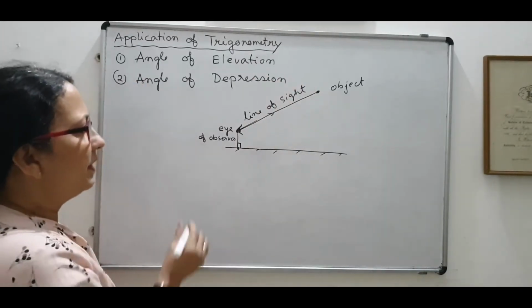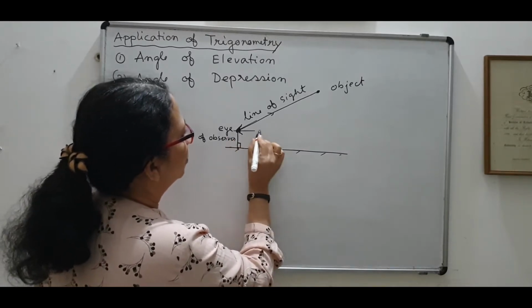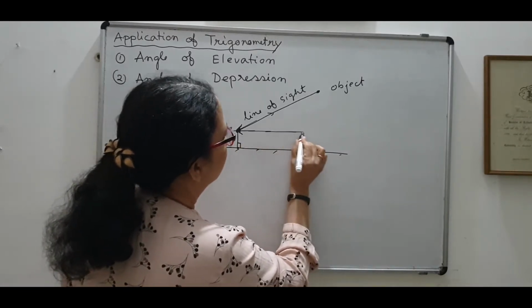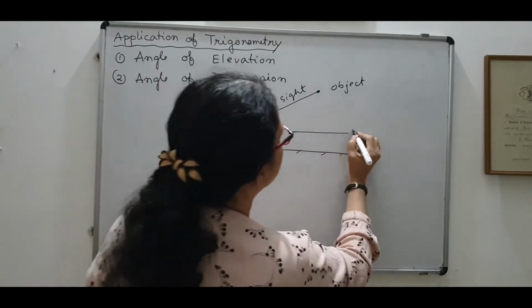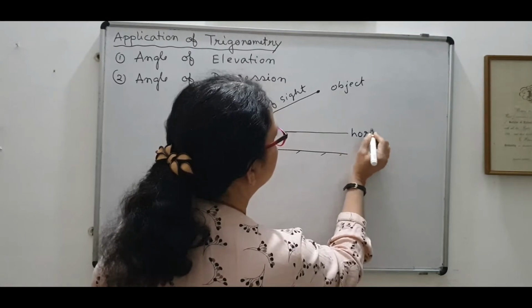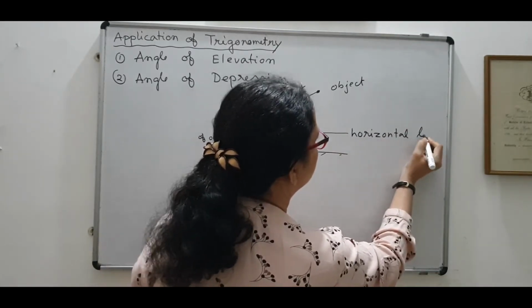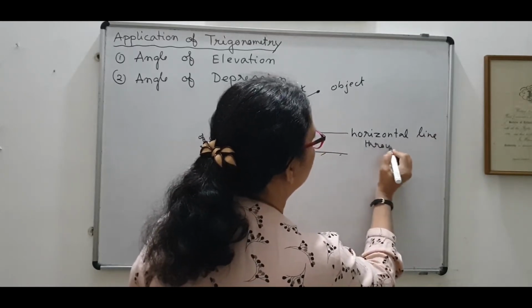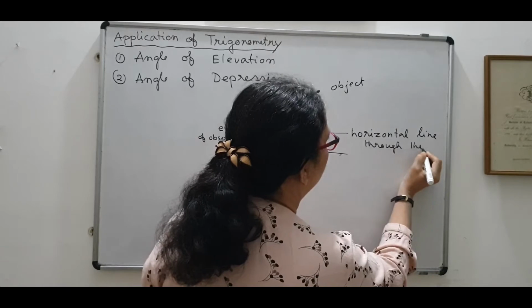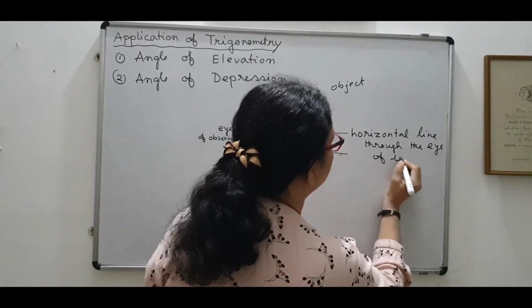Okay. Then what do we do? I have to draw a horizontal line through the eye of the observer. It is very important. That means this is a horizontal line through the eye of the observer.